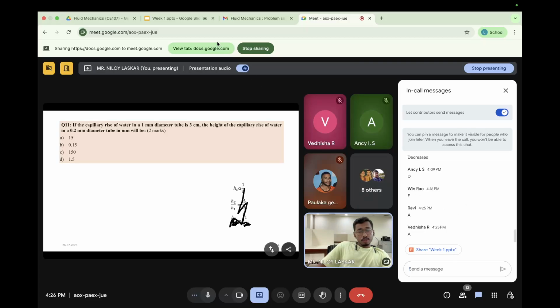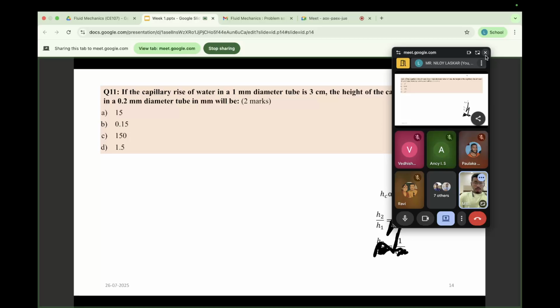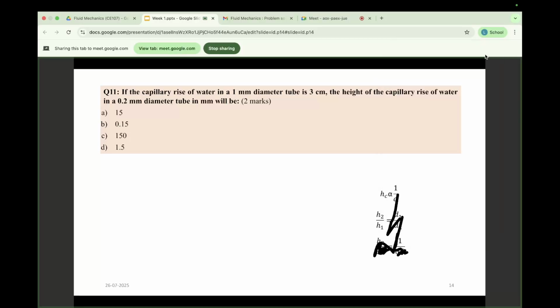Okay, so now let us solve this one. Say this is the capillary rise problem. Say this is a tube, right? This is the capillary rise action.